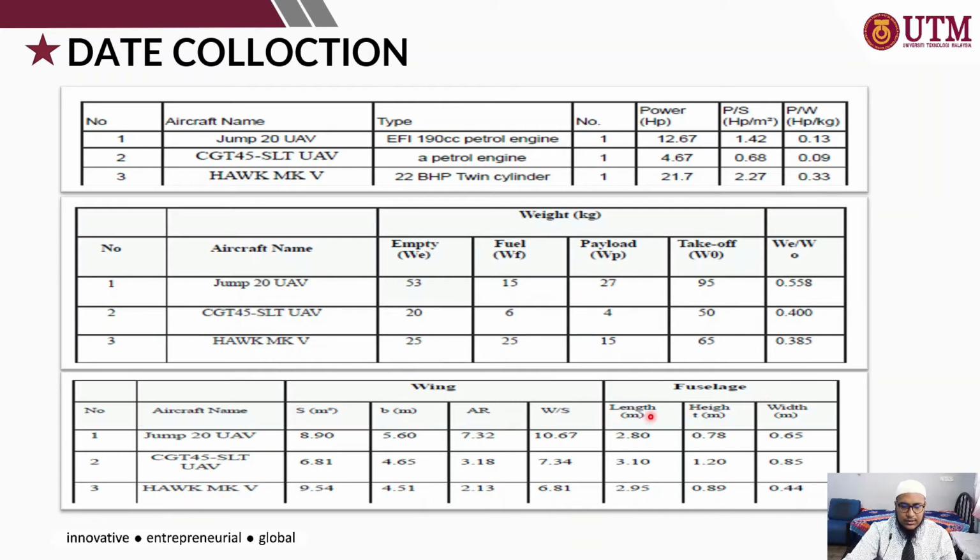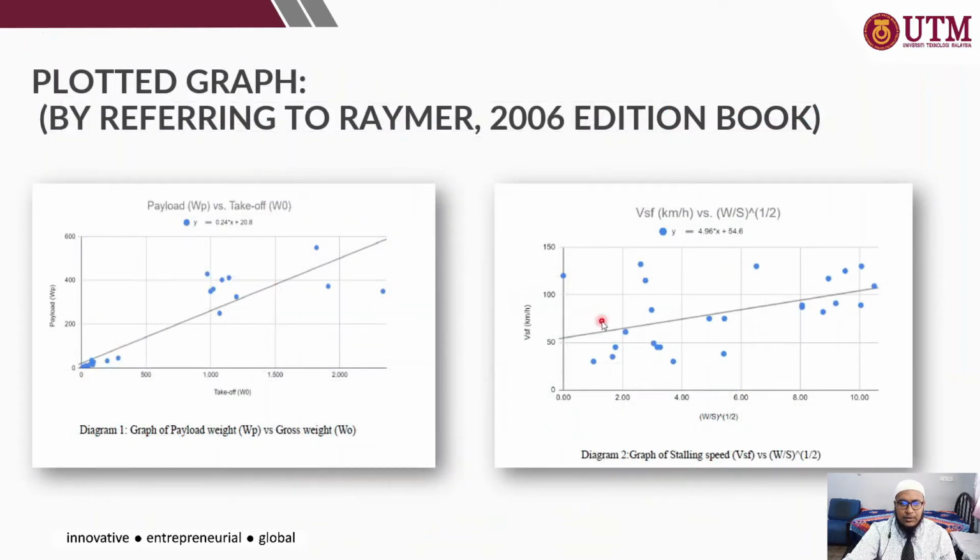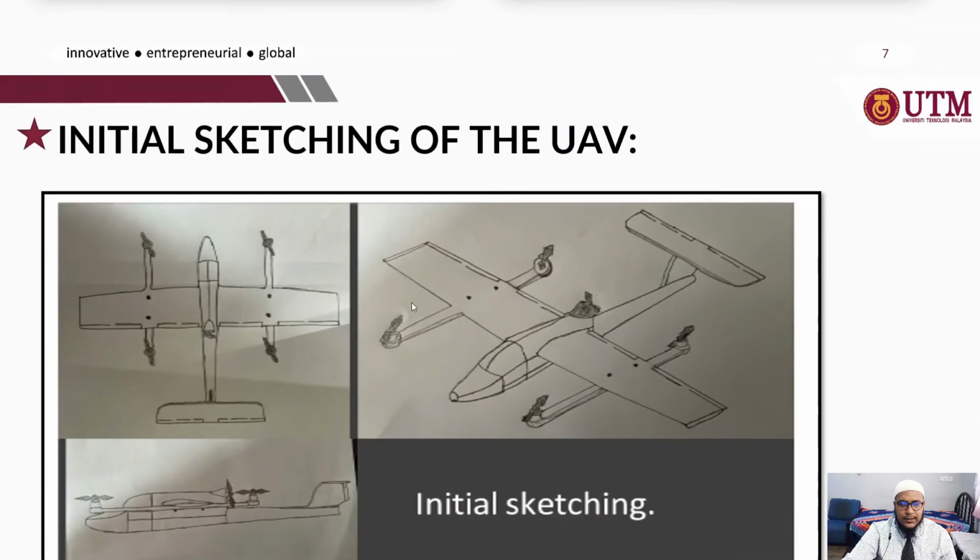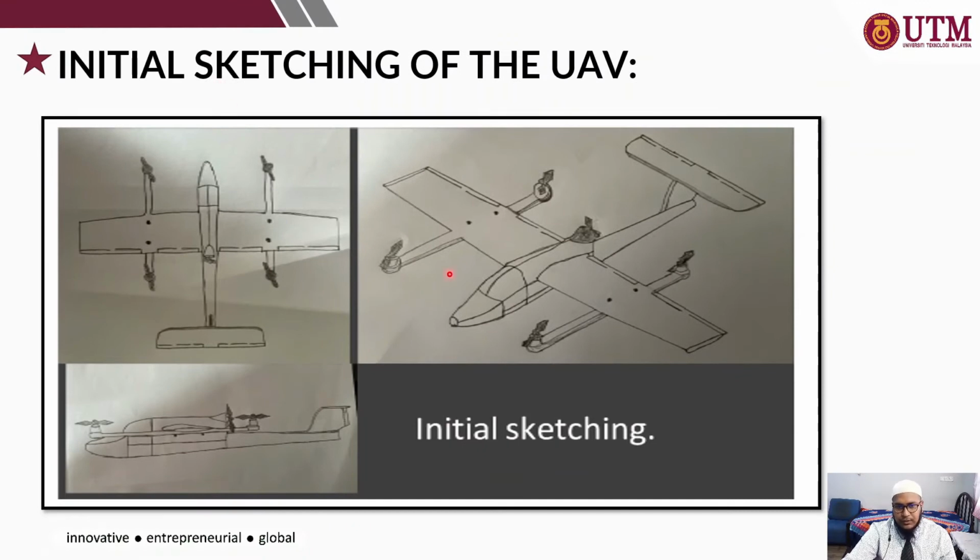So this is the data collection part, and we have successfully done the data collection about UAVs. Then we plotted the graphs by referring to the Raymer 2006 edition book. We got many graphs, but here are some pictures of the kind of graphs we got from the values. And then for our UAV we made this sketch.